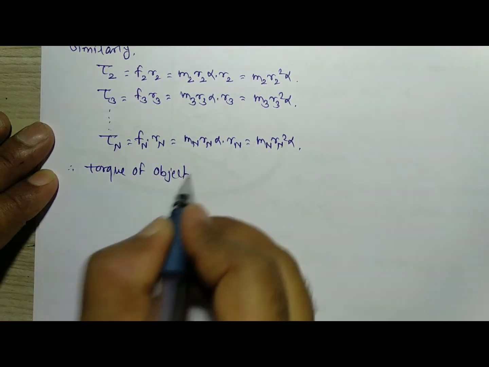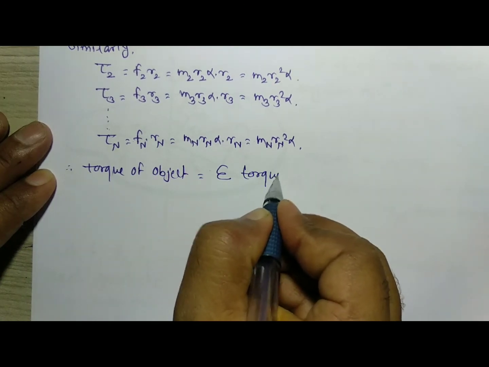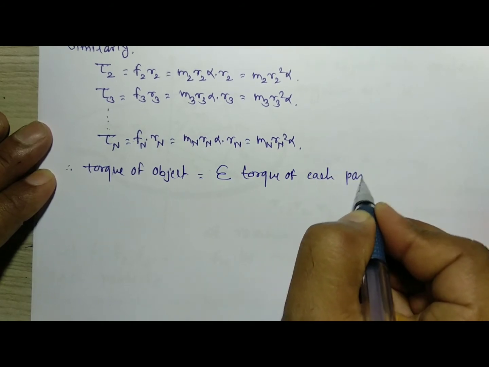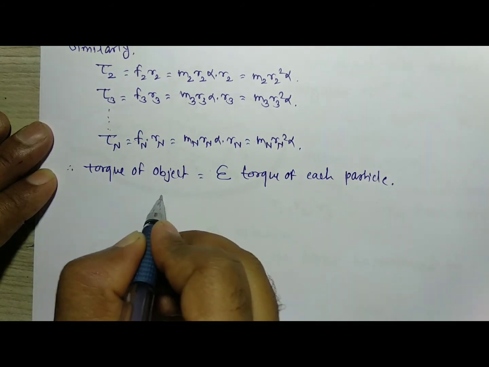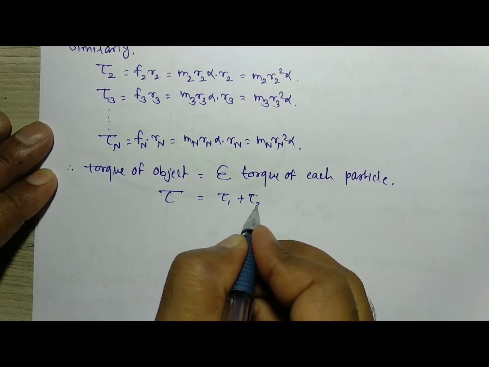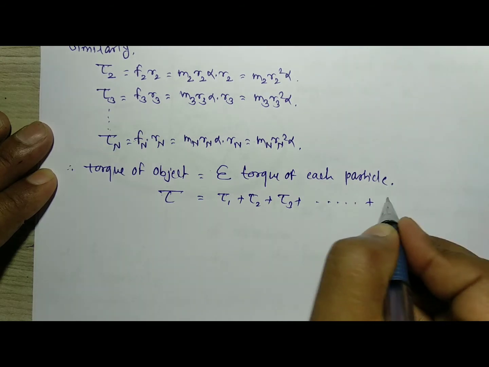Right now we have to calculate the torque of the object. Torque of the object is equal to the summation of the torque of each particle, and therefore torque is equal to tau 1 plus tau 2 plus tau 3 and so on up to tau n.